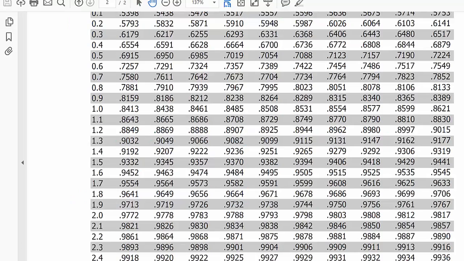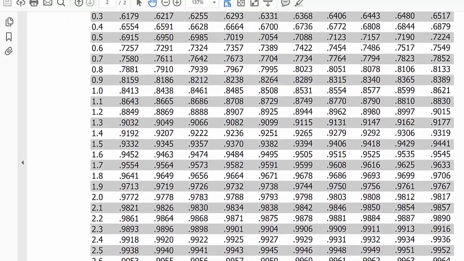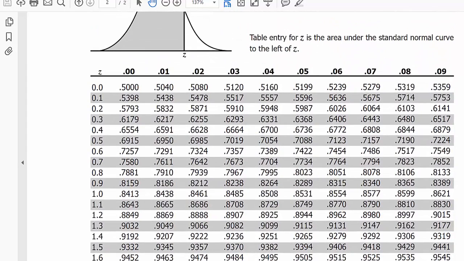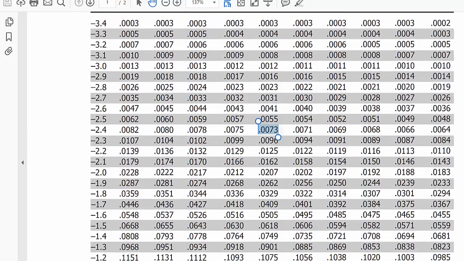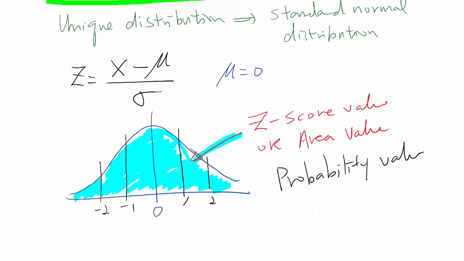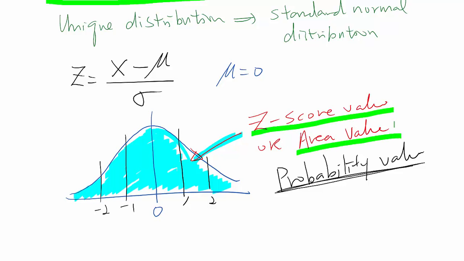Therefore, when you look at the z-table here, all values are decimals, right? Like 0.7580, and this one 0.8665. They're all decimal values like 0.0073 and 0.007, because those values indicate probability values, but you will keep hearing me call them z-score value or area value all the time.